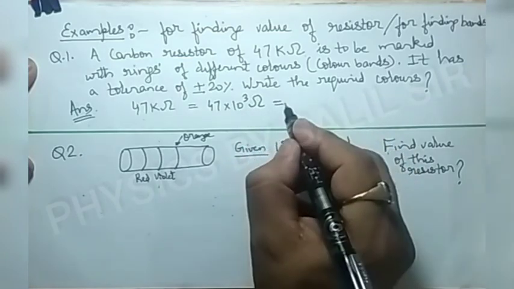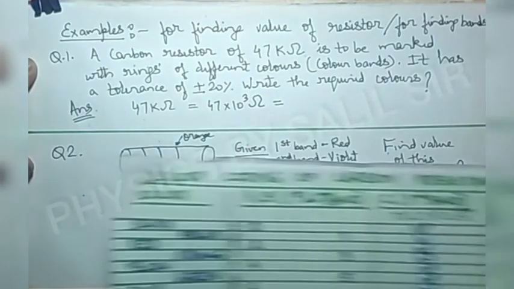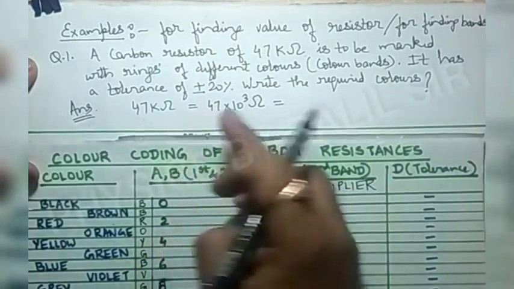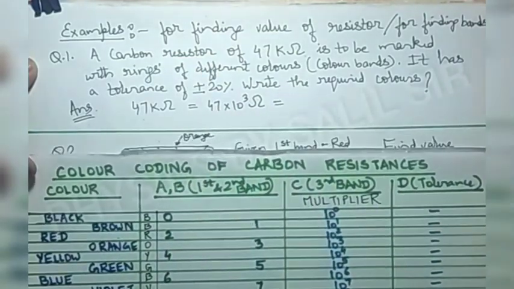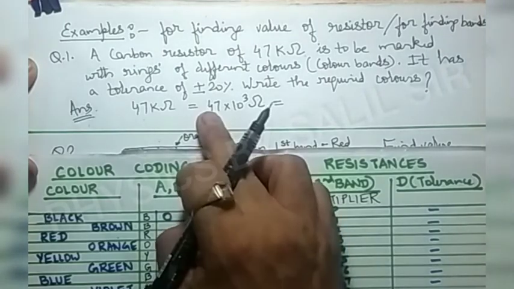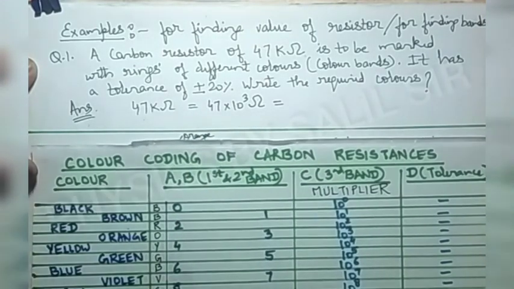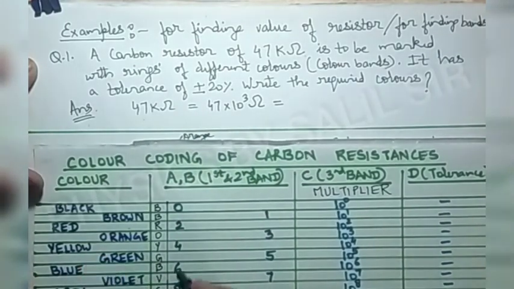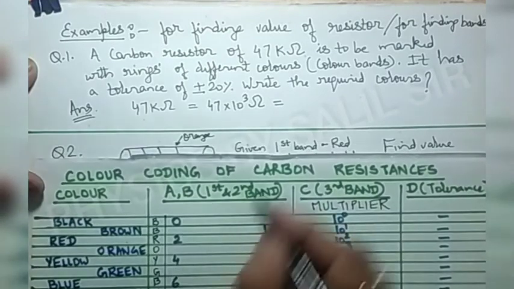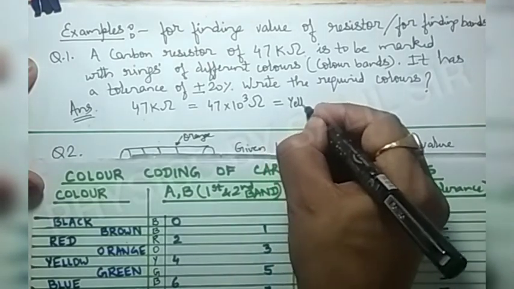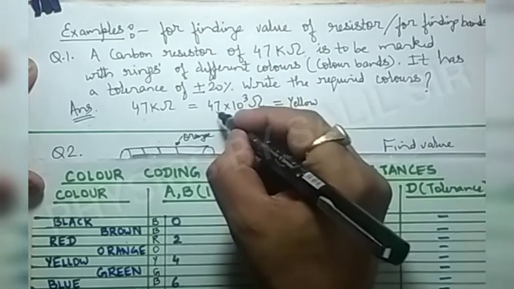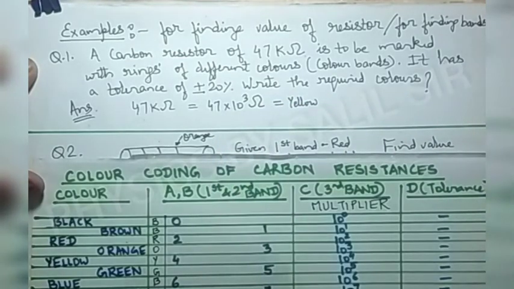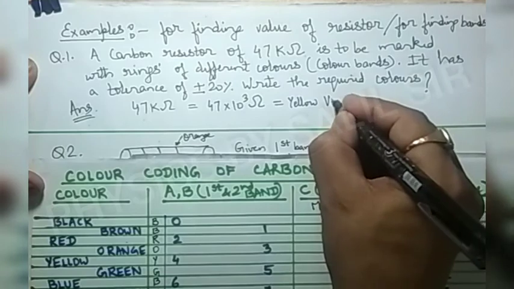Now we will see our table. The first number indicates the first band. So the first band should be yellow. See, the value of yellow is 4. So first will be yellow. 7 is for violet, so the next color will be violet.